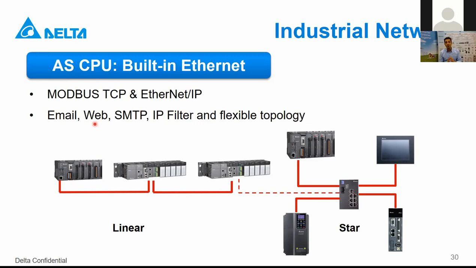For instance, in the factory, if management wants to check some values, they don't need to know how to program or how to connect to the PLC. They simply open the web browser, type the IP address, and they can see the value that you registered over there. It also supports flexible topologies like linear and star topology.